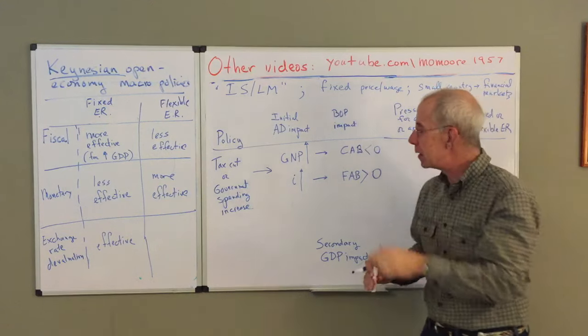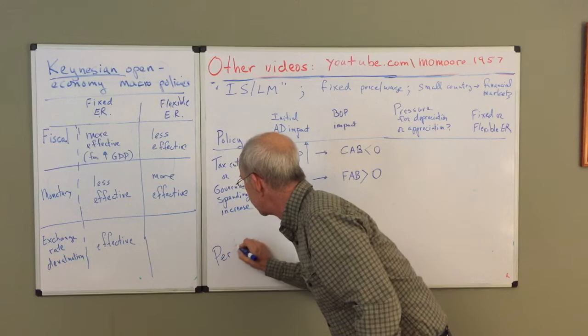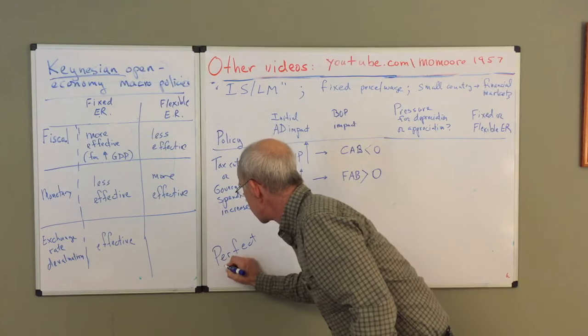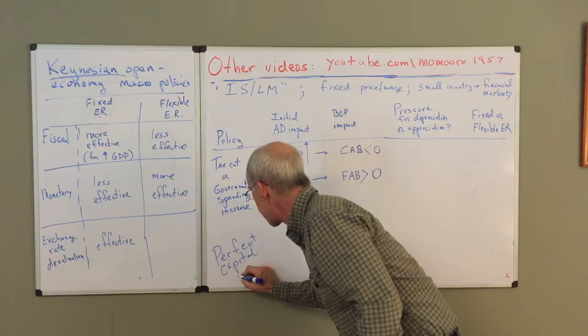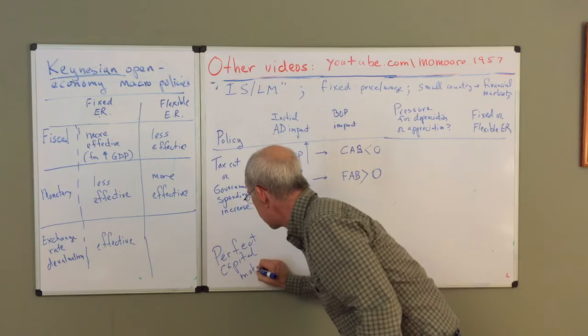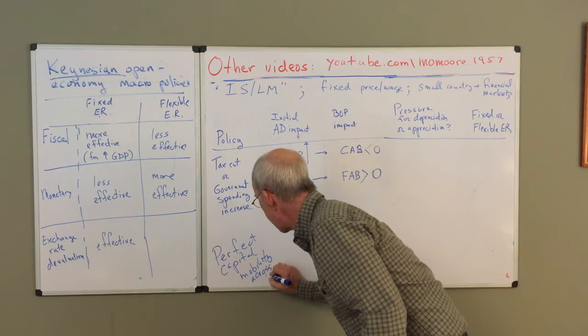This is where we are going to use sort of an extreme assumption of perfect capital mobility across borders. What do I mean by that?